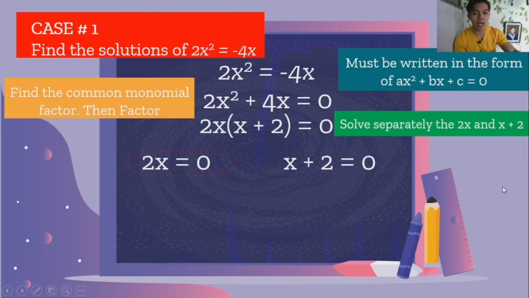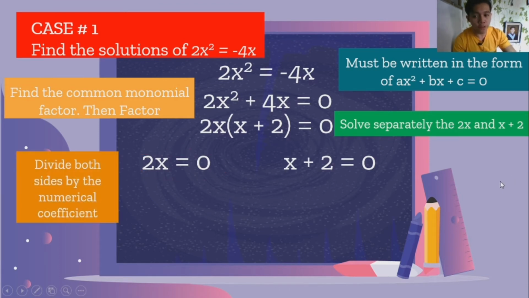Unahin natin yung nasa left side, yung 2x equals 0. Paano natin masosolve yung x? Meron siyang numerical coefficient. So, anong ginagawa natin para makancel yung numerical coefficient? Divide both sides by the numerical coefficient. Ano yung numerical coefficient niya? 2. Kaya, i-divide mo both sides by 2.